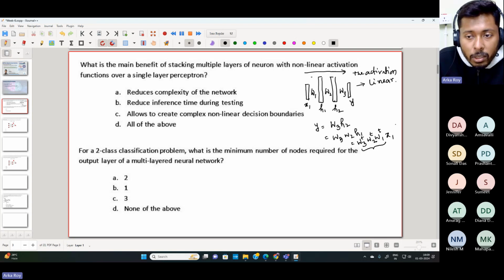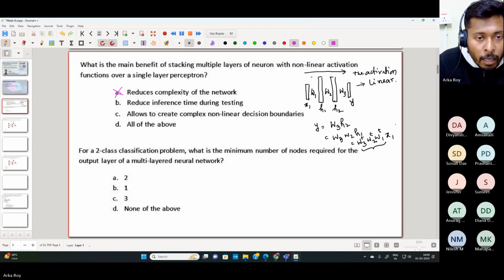Therefore, a multi-layer perceptron increases the computational complexity. The option says just the opposite, that it reduces complexity, which is incorrect.